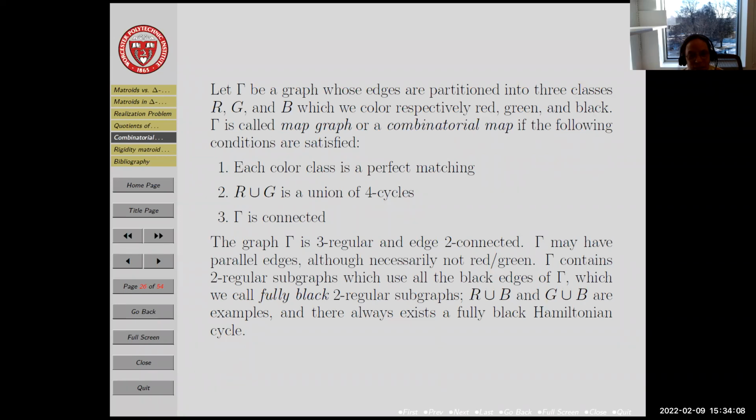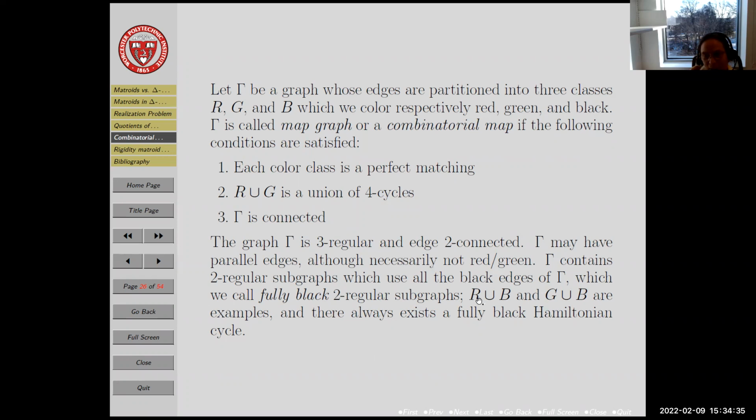It's actually not necessarily a simple graph, but it can have parallel edges and all sorts of things, right? But one particular nice thing is that gamma contains 2 regular subgraphs which use all the black edges and which we call fully black 2 regular subgraphs.